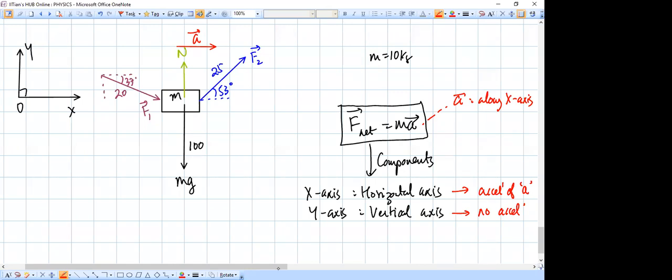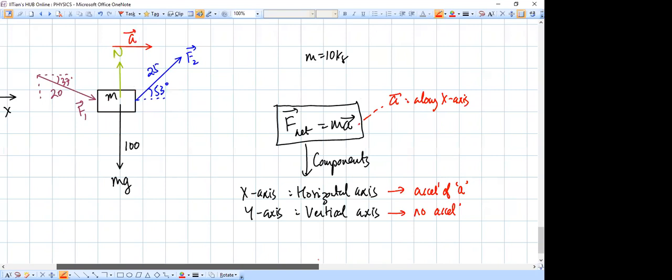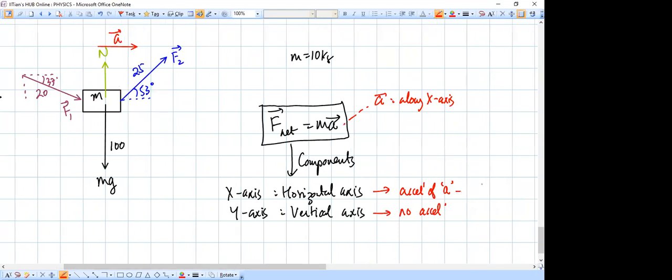So next thing we will understand therefore is that the net horizontal force, that is summation of all horizontal forces, should be equal to m into a, whereas summation of all vertical forces should be 0. Okay. In other words, the vertical forces should balance, because there's no vertical motion.